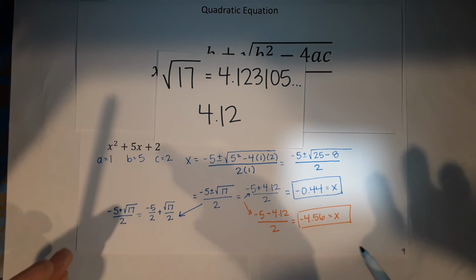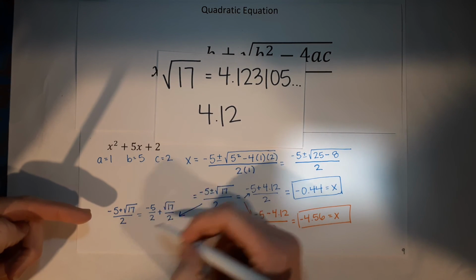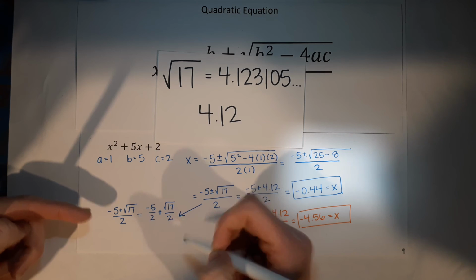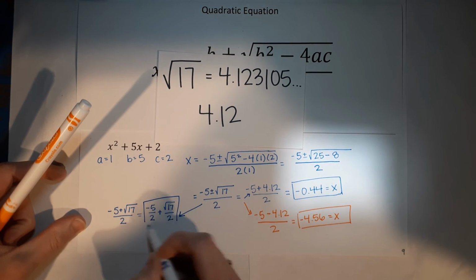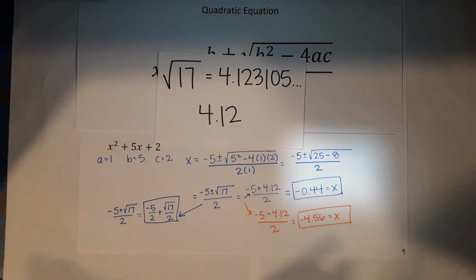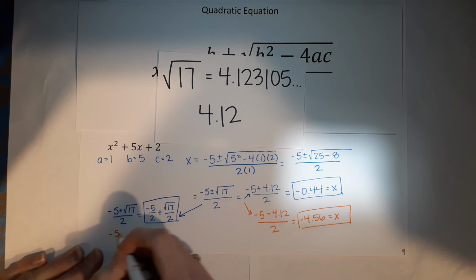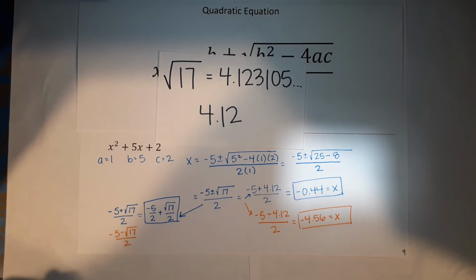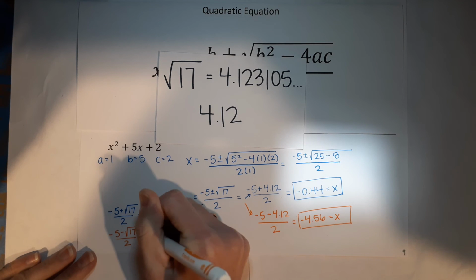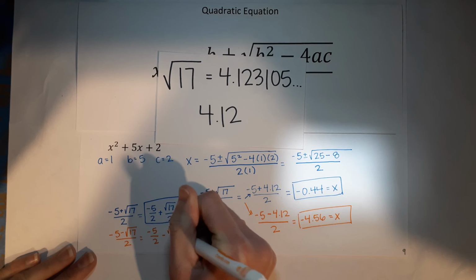Why might your teacher want you to do that? Well, because sometimes you can have something be even more simplified by breaking it up that way. So that could be one. And our other one could be -5 minus the square root of 17 over 2. And then again, you can break that up. Minus the square root of 17 over 2.